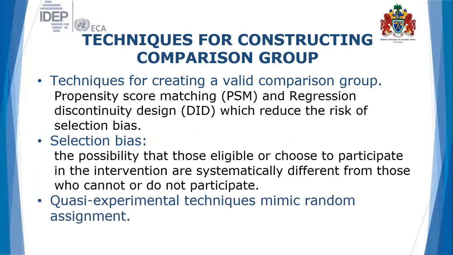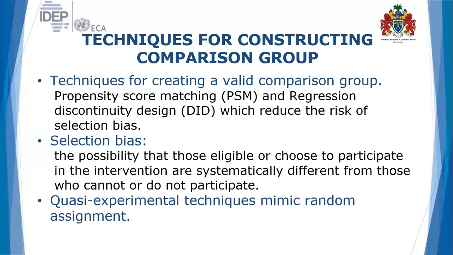Now, what techniques do we have for constructing comparison group or control group? There are a number of techniques that are used for this purpose or for constructing a valid comparison group.